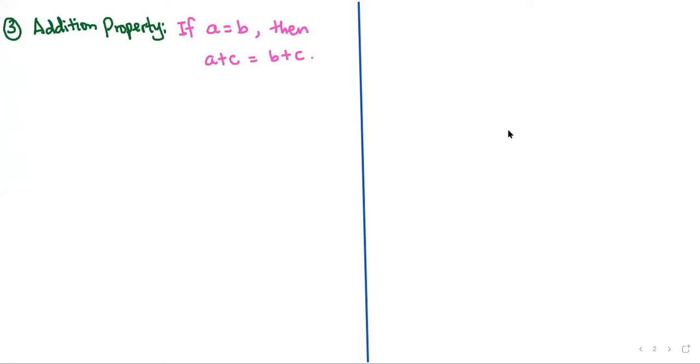Let me give you an example. If we say that 2 plus 4 equals 6, then on 2 plus 4, we add there 5.